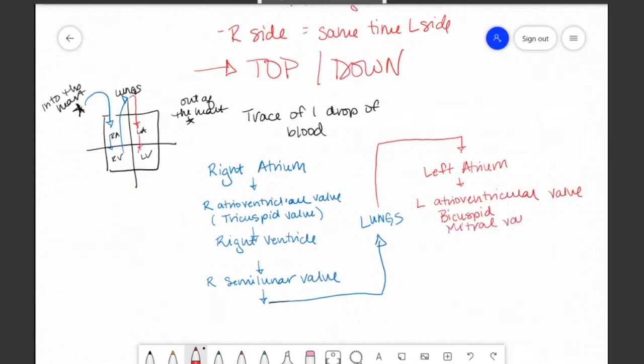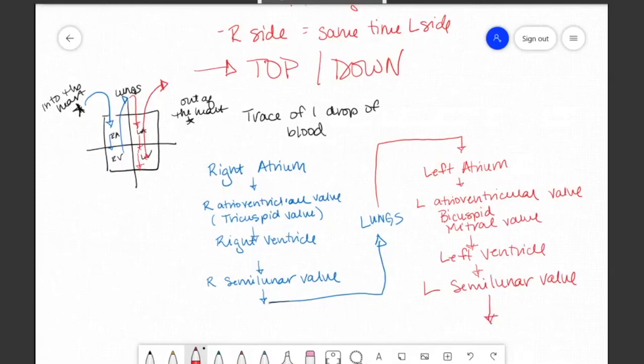And then after that, it goes down to the left side of the heart, through into the left ventricle. And then it's going to go out, but the doorway it's got to go out through first is going to be the left semilunar valve. And so this is where then you will have it leave the body.